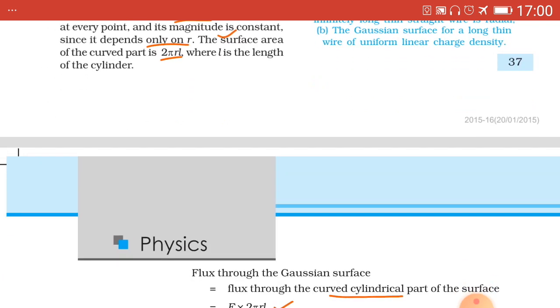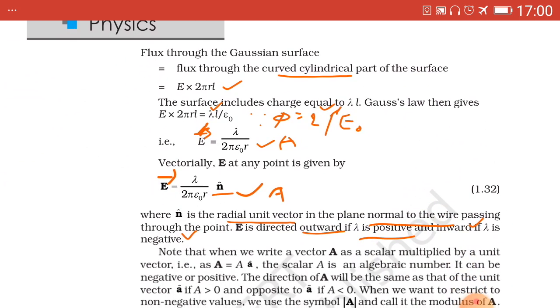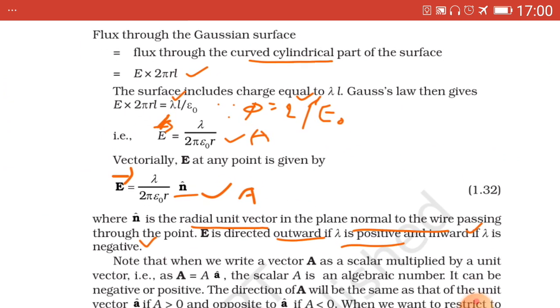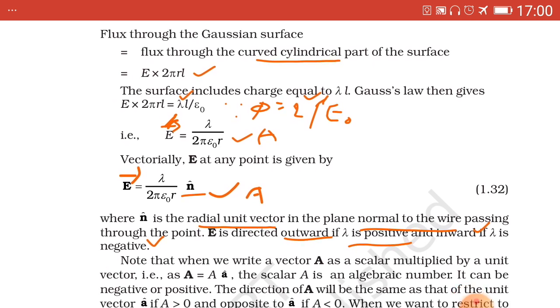Now we want to calculate the total flux passing through the Gaussian surface, which is equal to the flux through the curved cylindrical part of the surface.